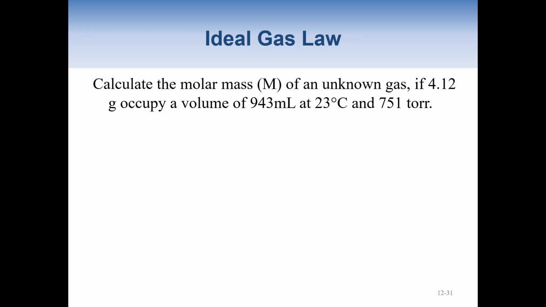Using the ideal gas law, it's saying calculate the molar mass of an unknown gas if 4.12 grams occupy a volume of 943 mL at 23 degrees Celsius and 751 torr. Using the ideal gas law, P, V, n, R, T. P for pressure is given as 751 torr.